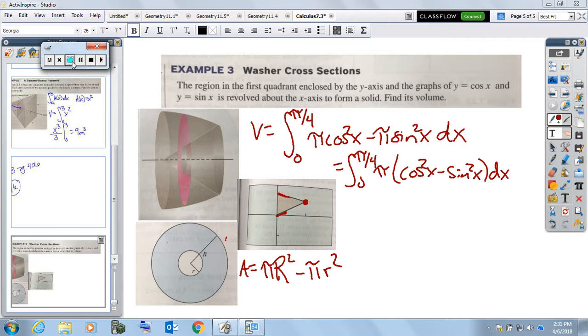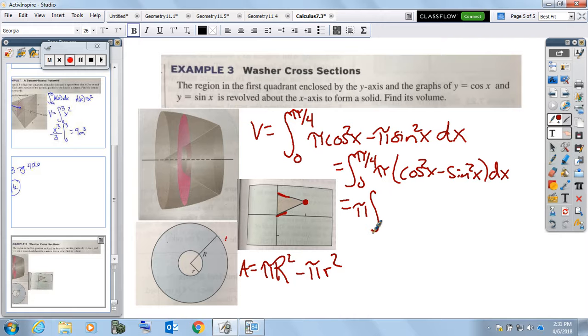Because think about what's going to possibly happen in here. We can have any possible nice little identities coming into play. Well, think about some trig identities that we have in there, okay? So right off the bat, I want to bring this pi on the outside. And cosine squared x minus sine squared of x.